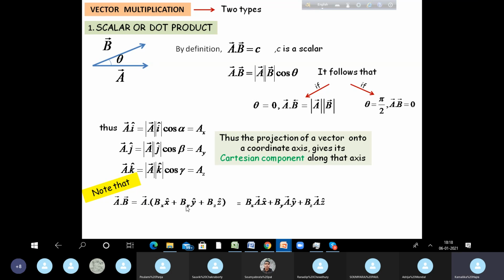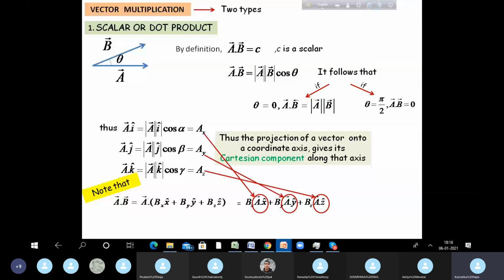Since bx, by and bz are scalars, we take them outside and write this as bx into A dot x cap plus by into A dot y cap plus bz into A dot z cap. And we know that A dot x cap is nothing but ax, A dot y cap is ay, and A dot z cap is az.